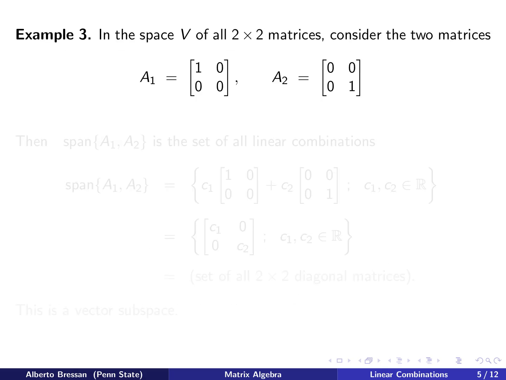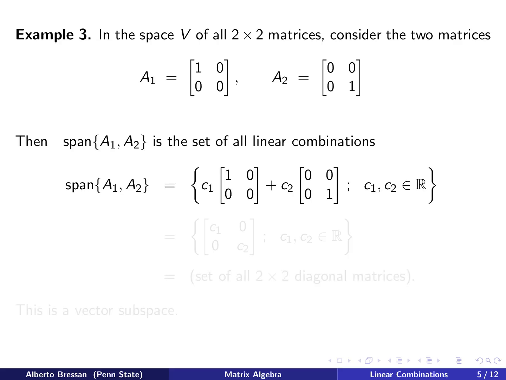Now let's look at an example for a vector space with matrices as elements. So let's say the space V is all 2 by 2 matrices, and then we consider two particular matrices, A1, which has just 1 as its first element, and then A2 has 1 at the element in position 2, 2, and everywhere else they are 0. Then the span of A1, A2, well, we can write it out. That will be the linear combination of A1 and A2.